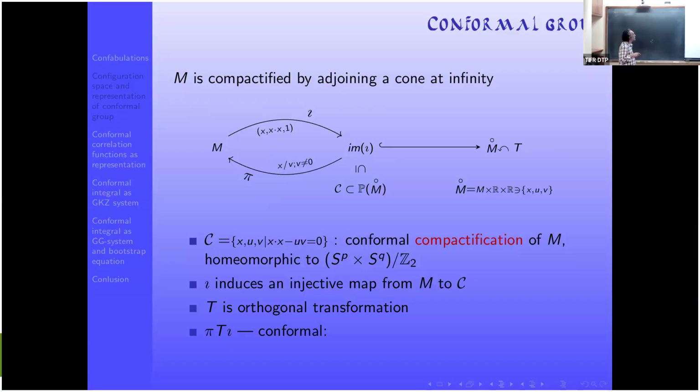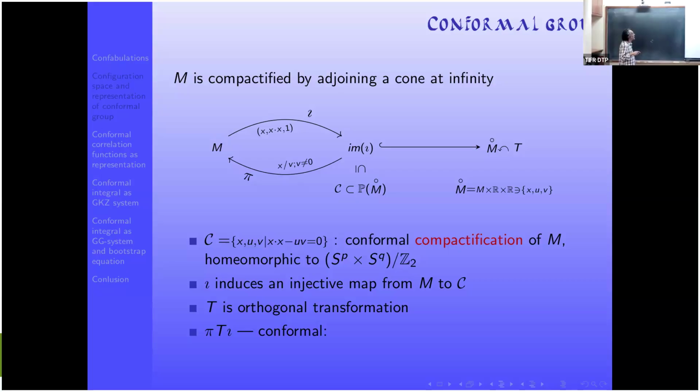It's also called conformal compactification because all sequences here converge. I need a conformal compactification because we'll talk about integrals, and unless I have that, all my integrals will diverge. So one cannot simply use R^d here. One has to use the conformal compactification, which is defined in this way.